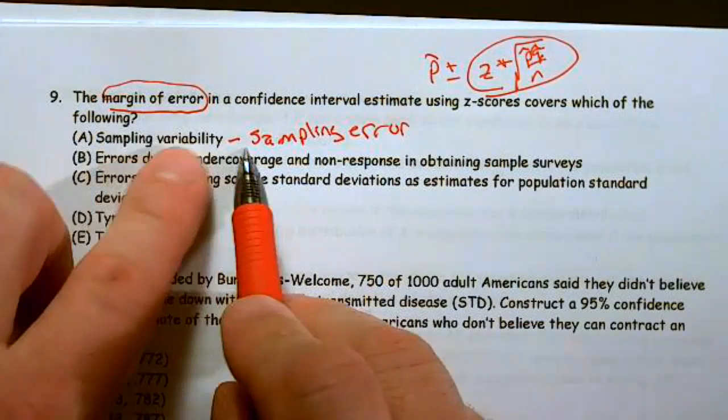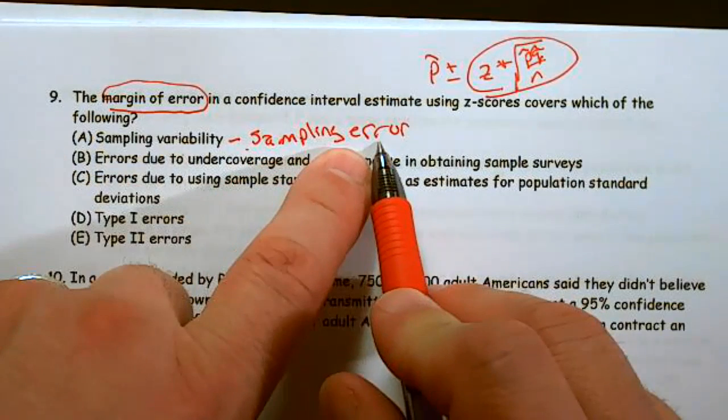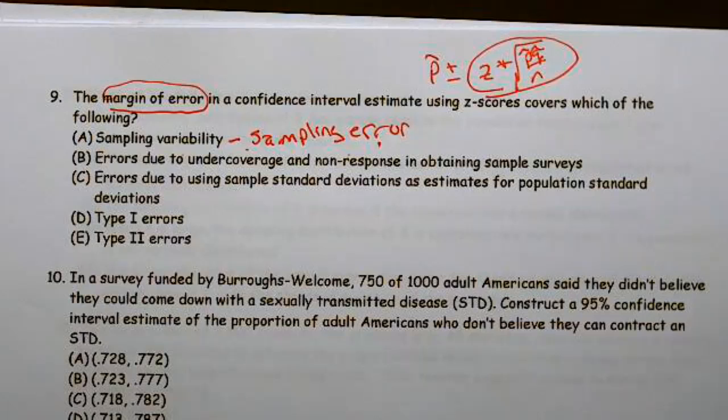Well, sampling error and sampling variability are the same thing. Please remember, error isn't that anyone made a mistake. It's just that every single sample is an estimate. And because it is an estimate, even if it is carried out correctly, it's still an estimate. And the estimate will be slightly different. It will vary from the true population. So consequently, we say there is error associated with it.